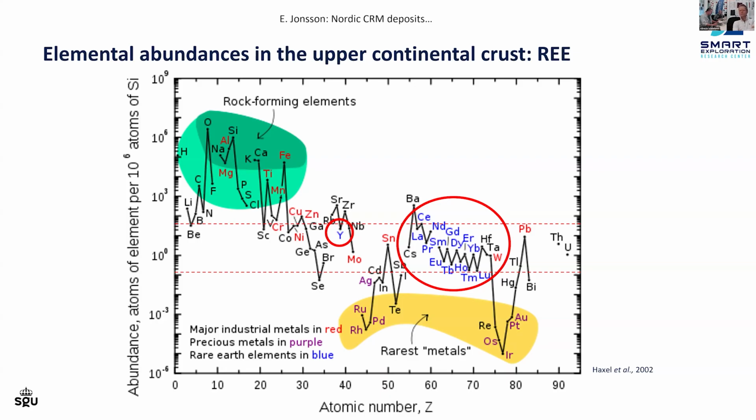Silver, the lower part of the middle here, Ag, is decidedly more rare, or less abundant, in the average upper continental crust than basically all of the rare earth elements. And still we do not lack silver deposits.